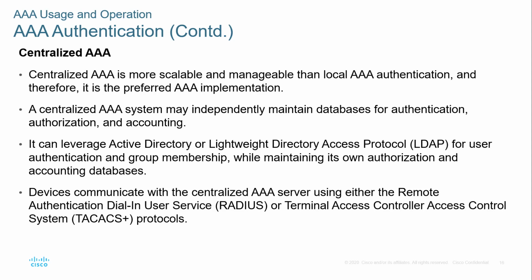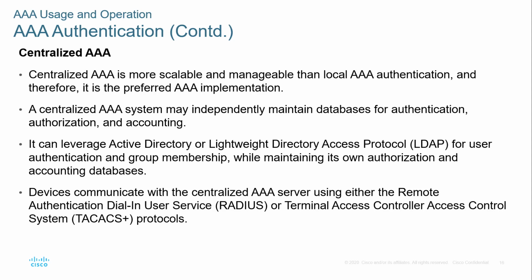The more common forms of AAA are Active Directory or other LDAP-based protocols, depending on your environment. If you're in a Windows environment, it's more than likely Active Directory. If we're talking device communication, we can centralize AAA using things like RADIUS or TACACS.